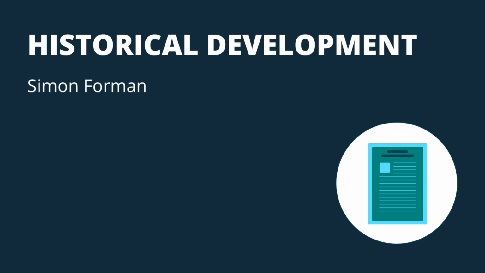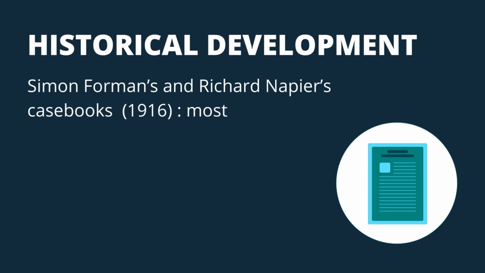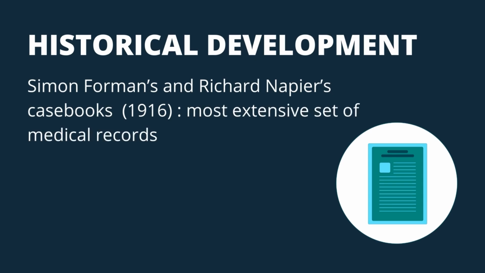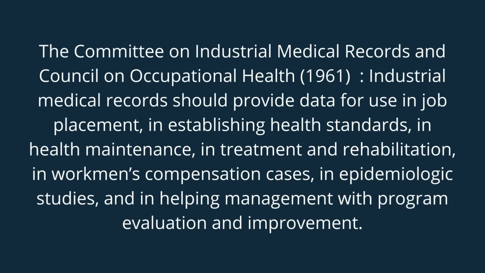Let us look at the historical development of occupational records. As early as 1916, Simon Forman's and Richard Napier's casebooks are the most extensive set of records. In the early 1900s, there was not much progress.